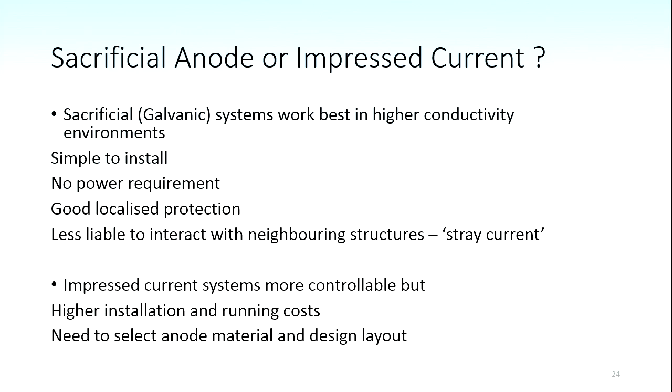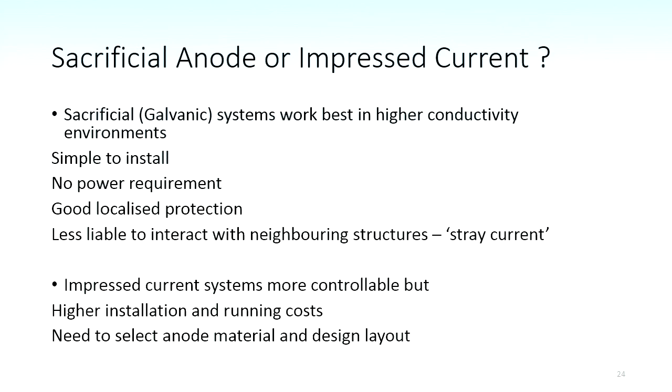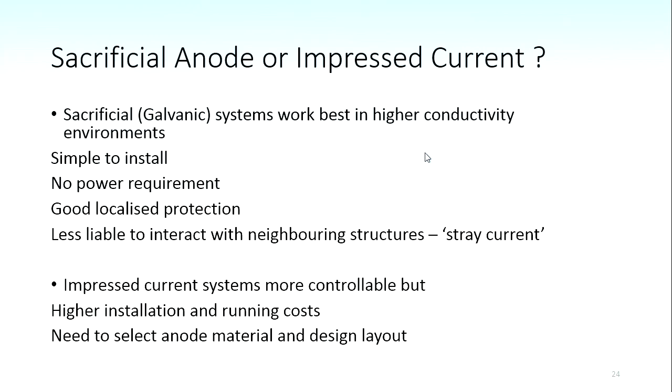We'll talk a little bit more about that in a minute, and we'll also talk about choosing the anode material. So there are quite a lot of things to think about in the system, but if you get the system right, you can operate it in quite complex and difficult environments where you couldn't necessarily use a sacrificial anode system.